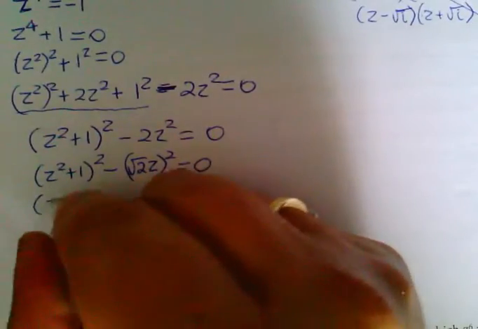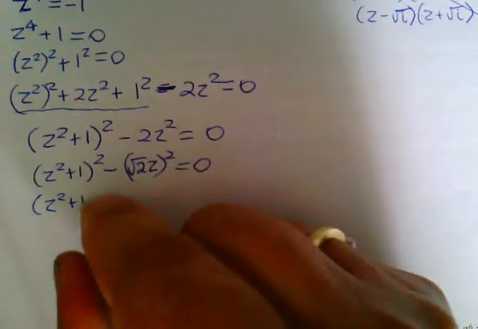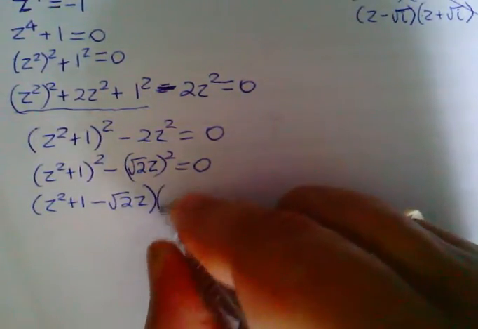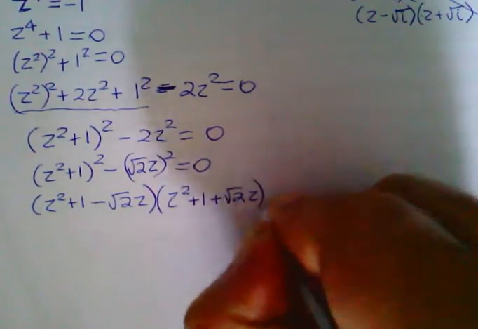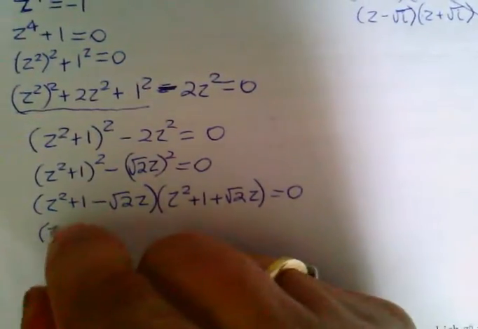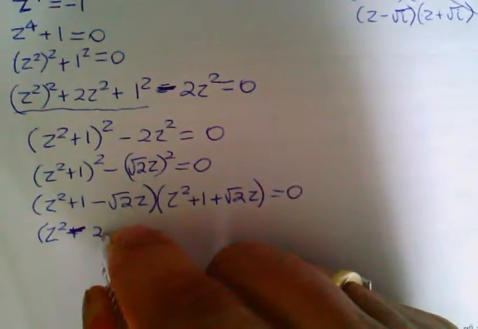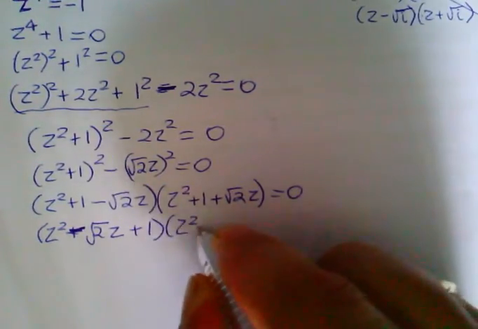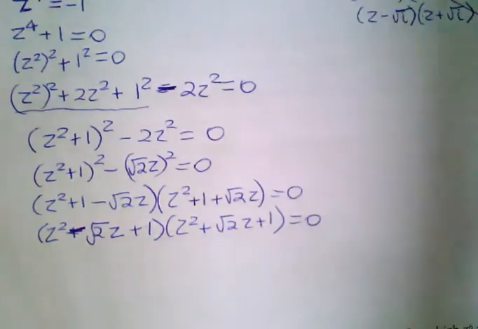So we've got z squared plus 1 minus root 2z, bracket, z squared plus 1 plus root 2z equals 0. Now I'm just going to rearrange these as z squared minus root 2z plus 1, z squared plus root 2z plus 1 is 0.